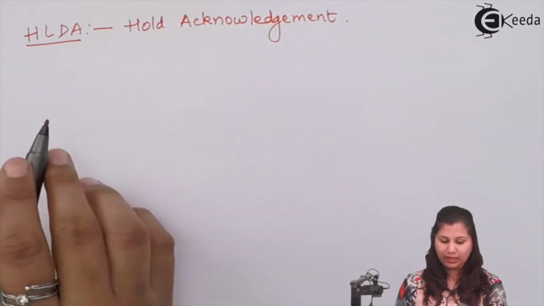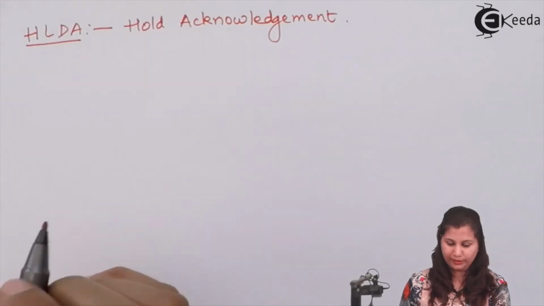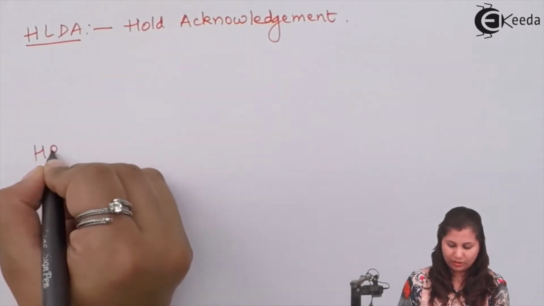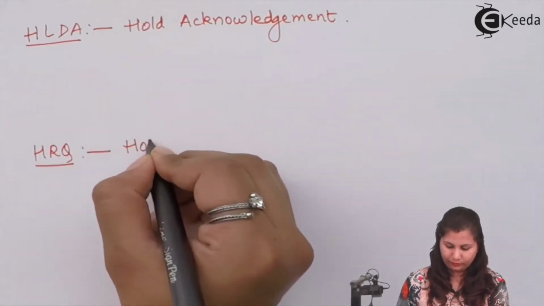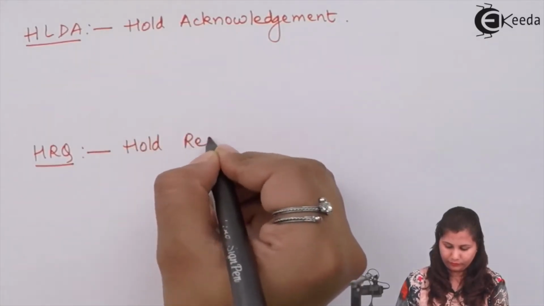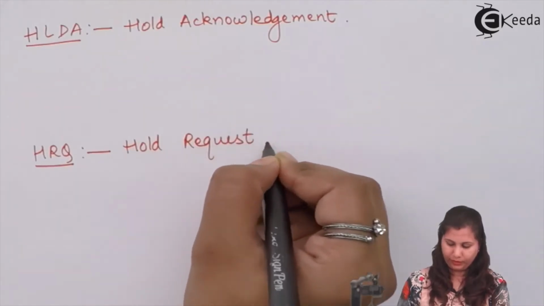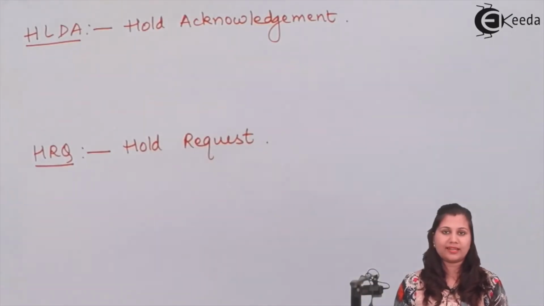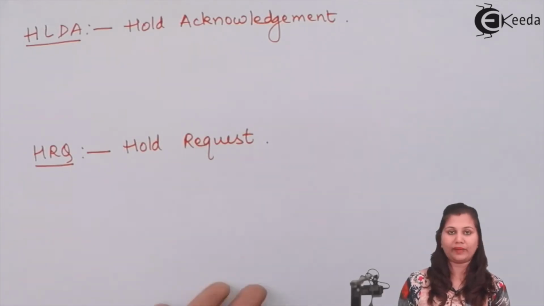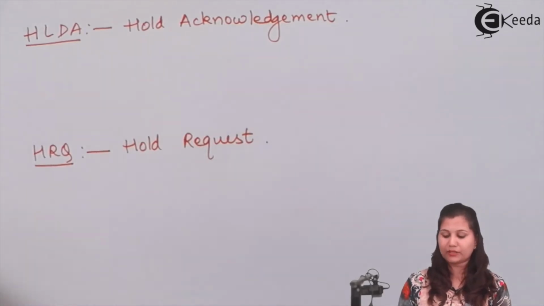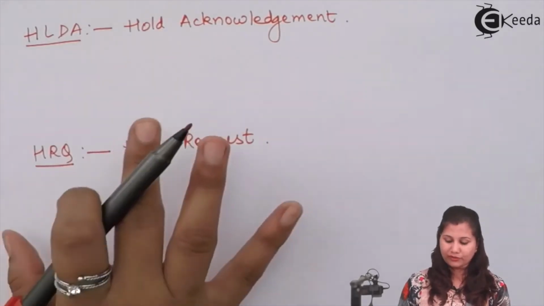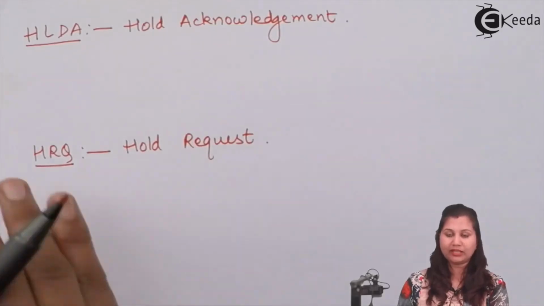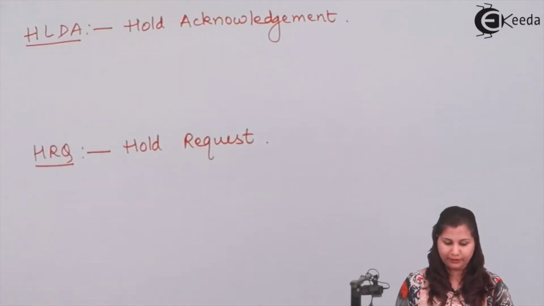And there is another signal, which is the hold request, known as HRQ. So these two signals are complementary to each other. We can say that when the hold request is given, then in response to it, the hold acknowledgement signal is generated. So first we will study the hold request, then we will come to the hold acknowledgement.